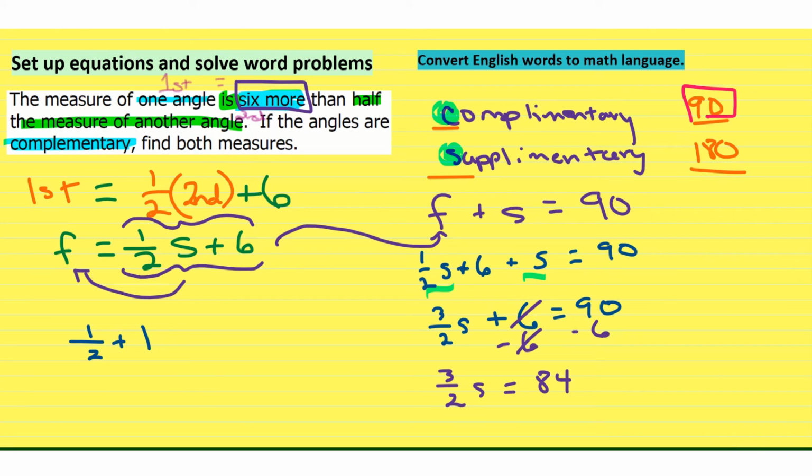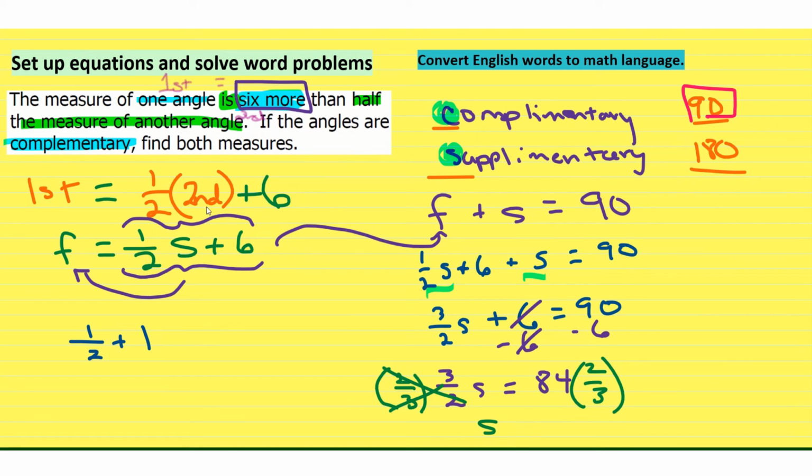And then my favorite way to eliminate fractions is to multiply by the reciprocal. So the reciprocal of 3/2 is 2/3. So I'm going to do that on both sides, 2/3. Okay, so these will cancel out, and then I'm going to end up with s equal to some number.